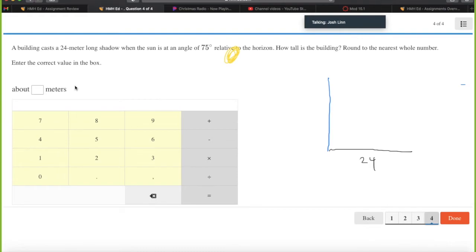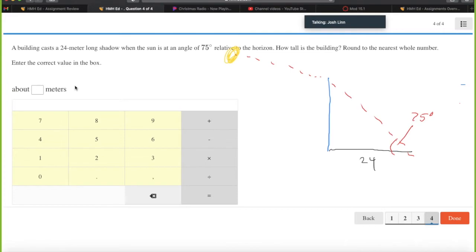So that means, what I think that means, is that our theta here is going to be 75 degrees. So then from that, we can figure everything else out. What are we trying to find? How tall is the building?